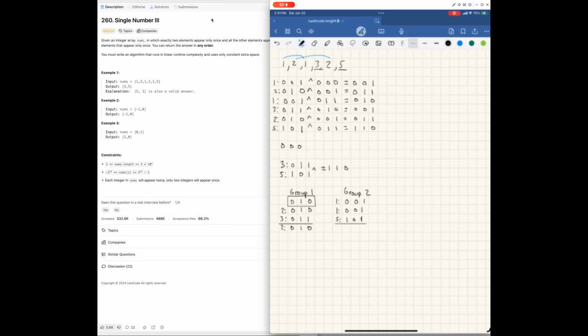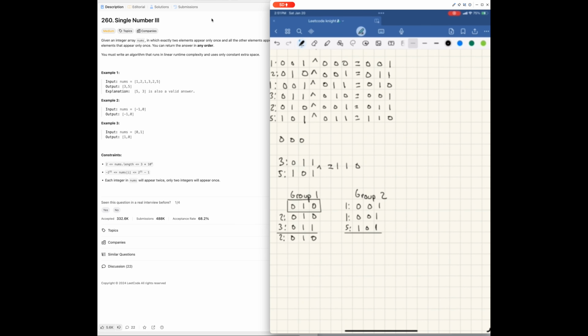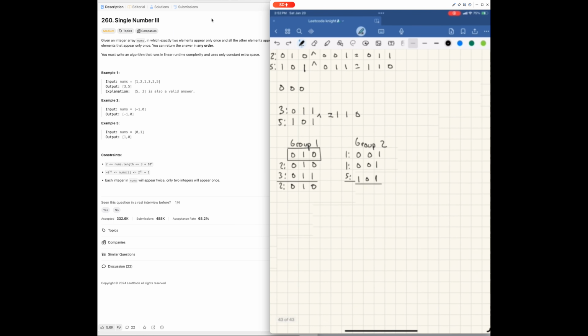Well, remember what XOR does, right? We know that 110, which is 6, represents the XOR of 3 and 5. What if we take this number here and we XOR it with this number? What do we get? Let's do it. Let's figure it out.